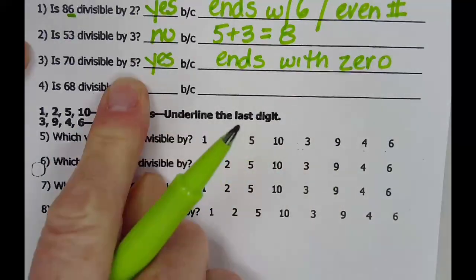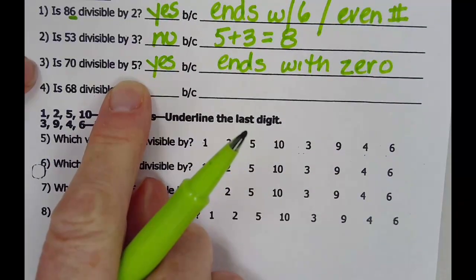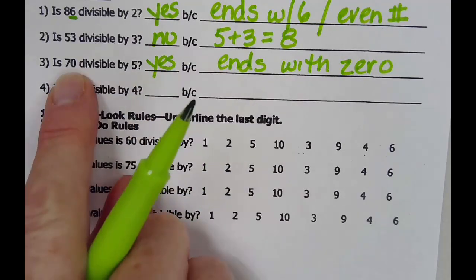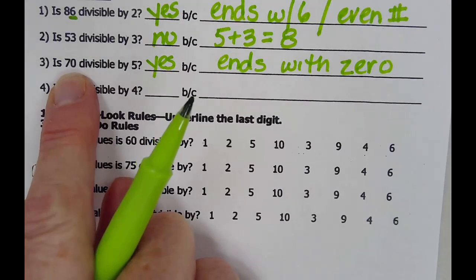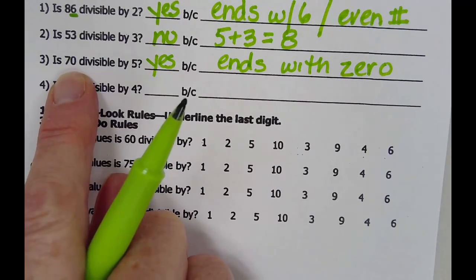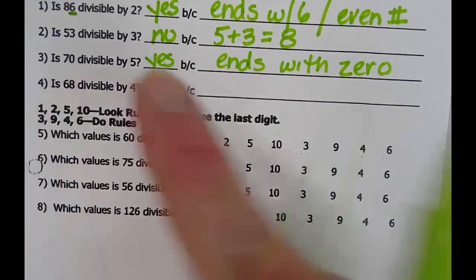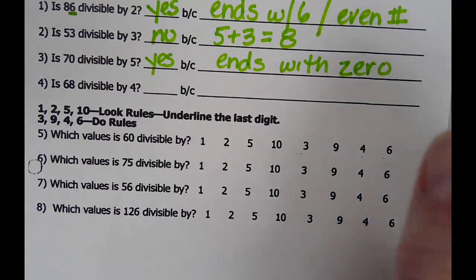I'm not going to say that it's even, because 5 does not go into all even numbers. It goes into some even numbers if it ends with a 0, but not because it's even, because 5 has lots of numbers that are not even. Half are even, half are odd, because it either ends with a 5 or a 0.